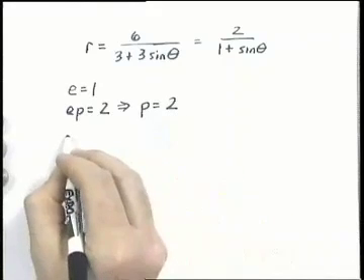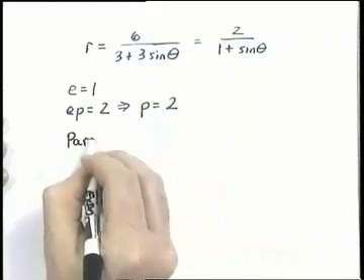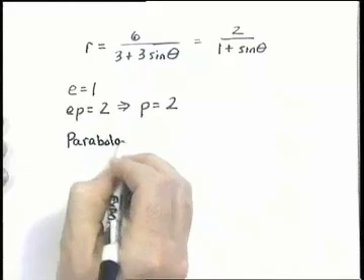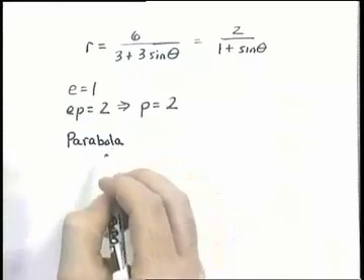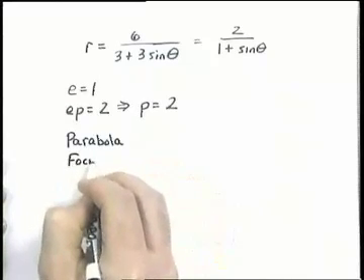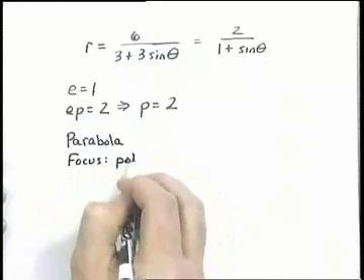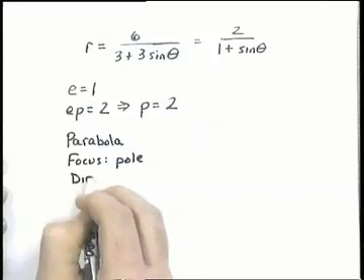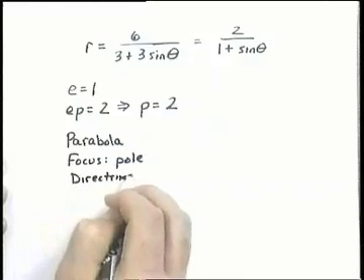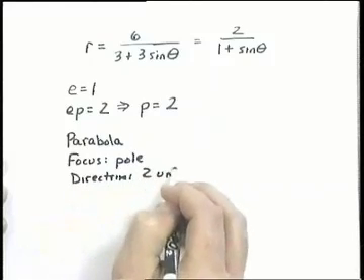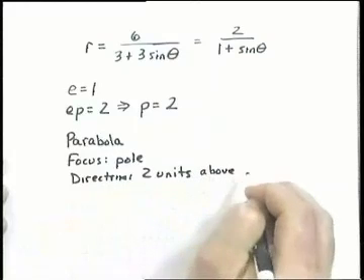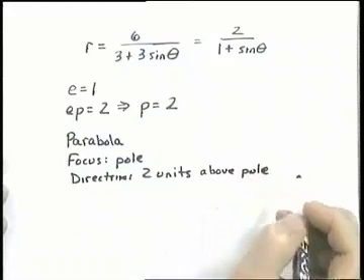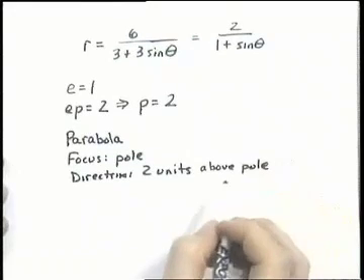So we know that I have a parabola. We know that the focus is going to be at the pole, and we know the directrix is 2 units above the pole, and again parallel to the polar axis.